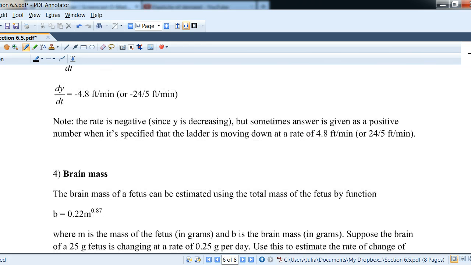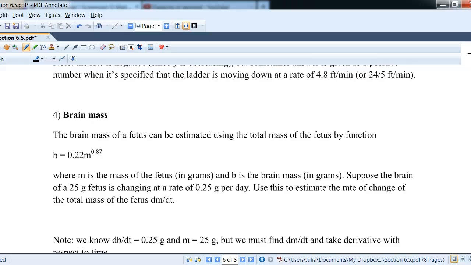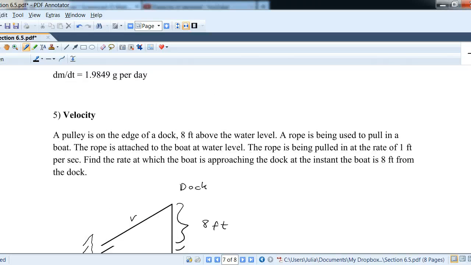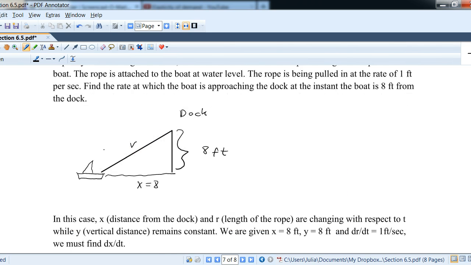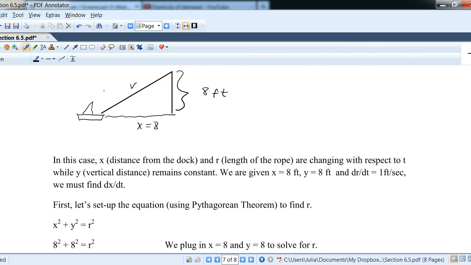Okay. Then we have a few other examples in that section. I think there is a similar one that I wanted to show you, where there was a rope. This is where the height of the dock was a constant, but the length of the rope was a variable. I called it r, but it worked very similarly.